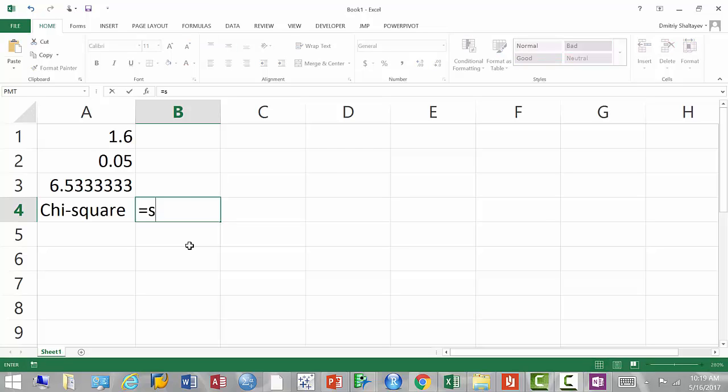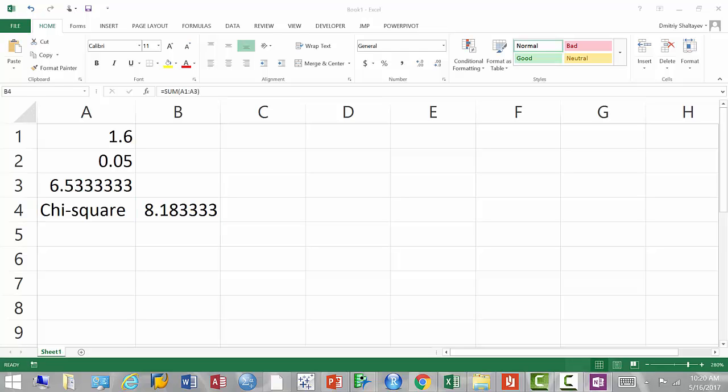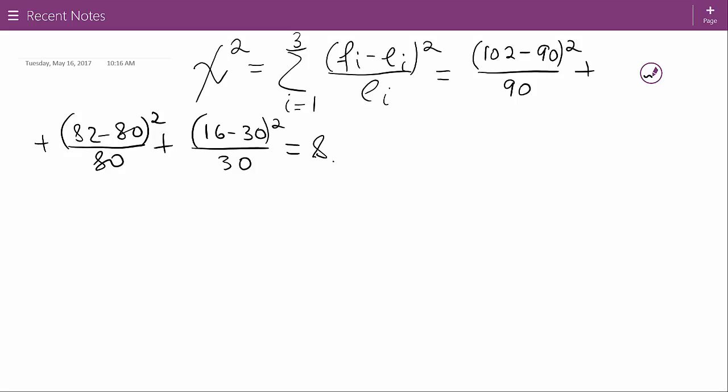So all I have to do is take the sum of these terms. And what I have is 8.1833. Let me go back to my notes. 8.183333.